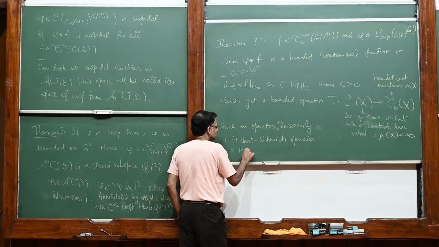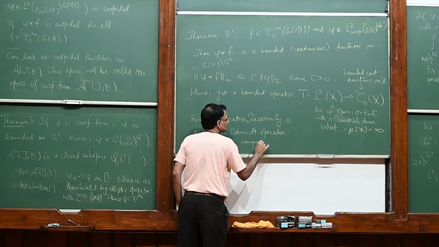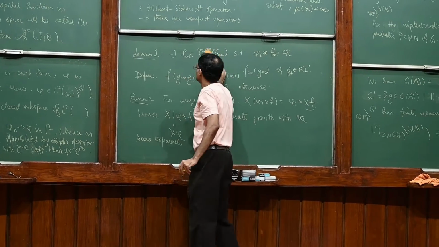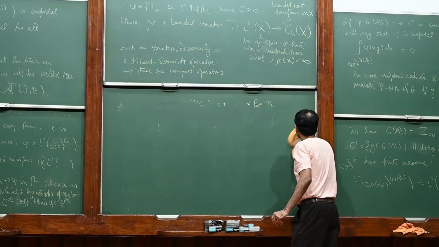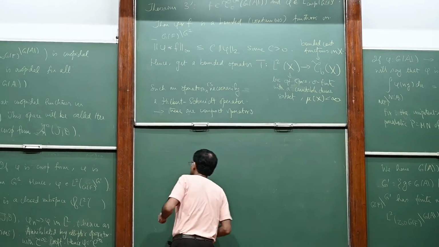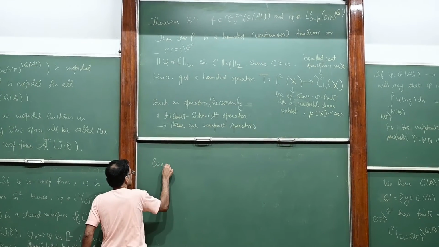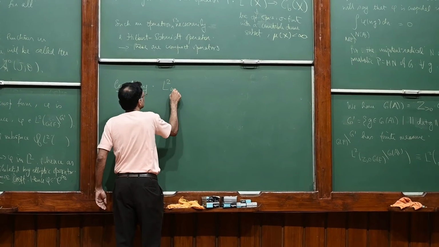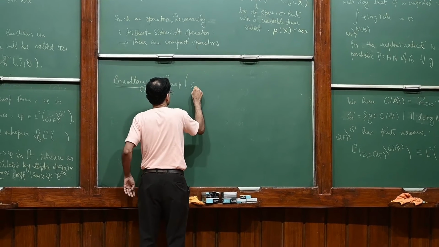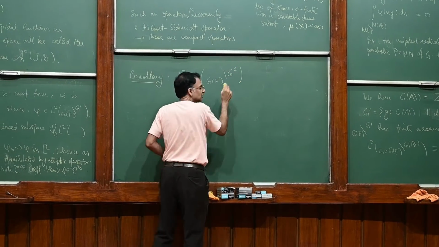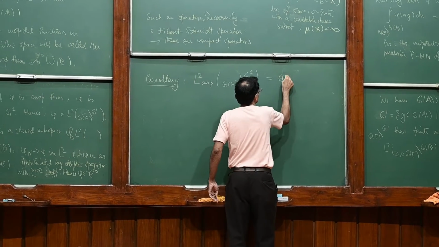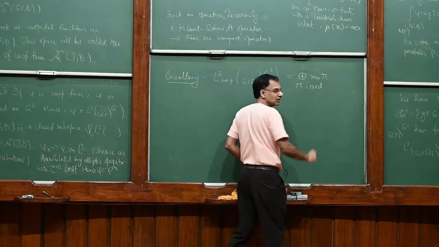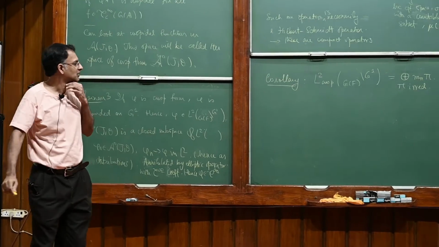As a corollary, since these are compact operators, L2 cusp decomposes as a direct sum of irreducible subspaces with finite multiplicity.